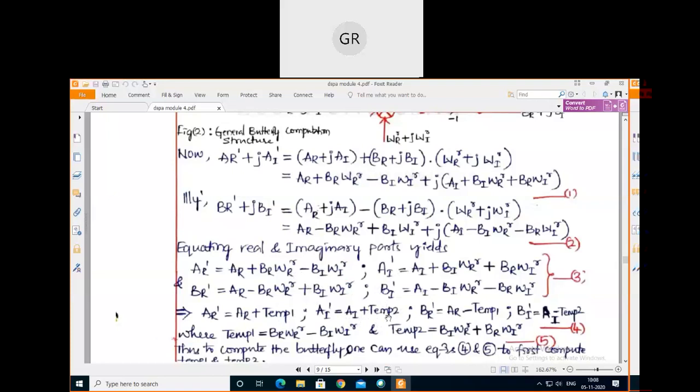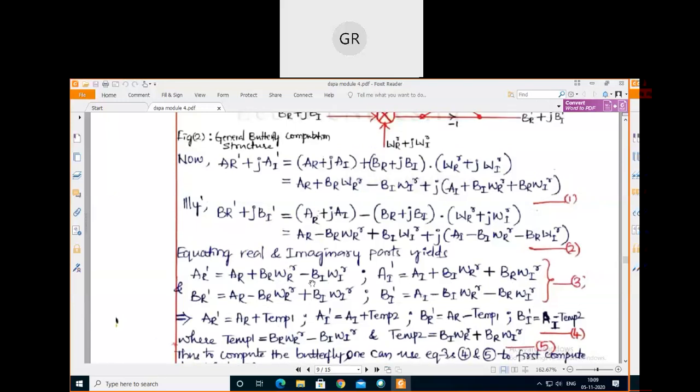TEMP2 is BI WRr plus BR WIr. BR' consists of BR WRr plus BI WIr, the same terms again. When TEMP1 is written here, you will get it here.